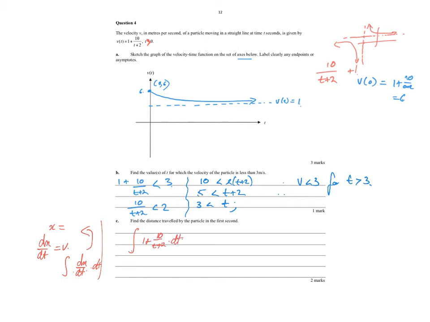And if I anti-differentiate that, I get t plus 10 natural log of t plus 2, plus some constant. That's what my position is equal to.